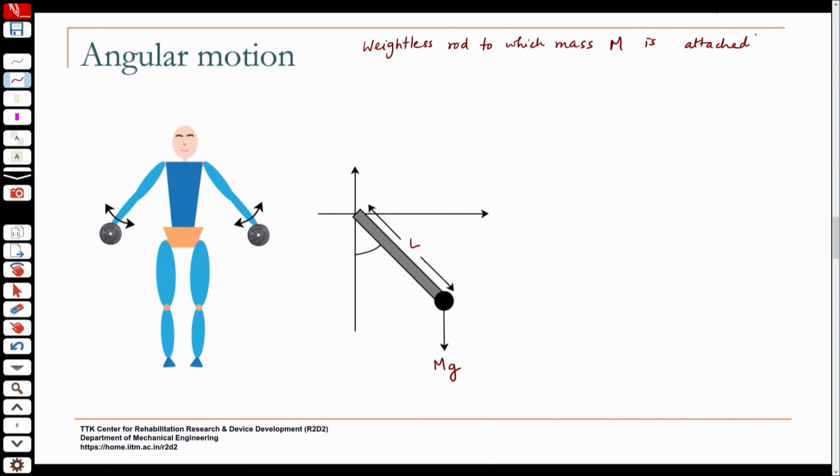So, let us say these are 10 kg dumbbells. What are the muscles he would be exercising? The deltoids, not the triceps, the deltoids. You are working out the shoulder.